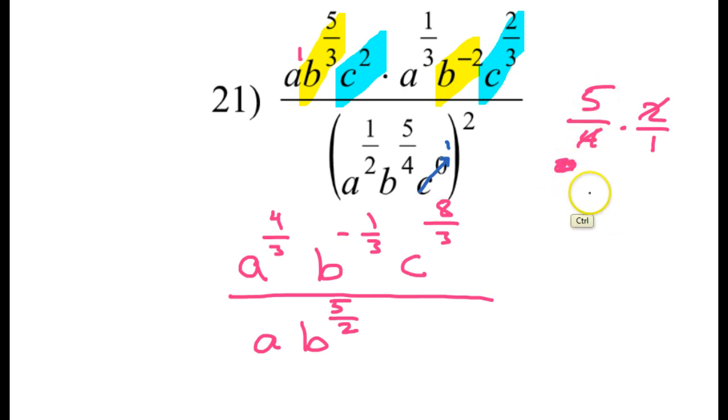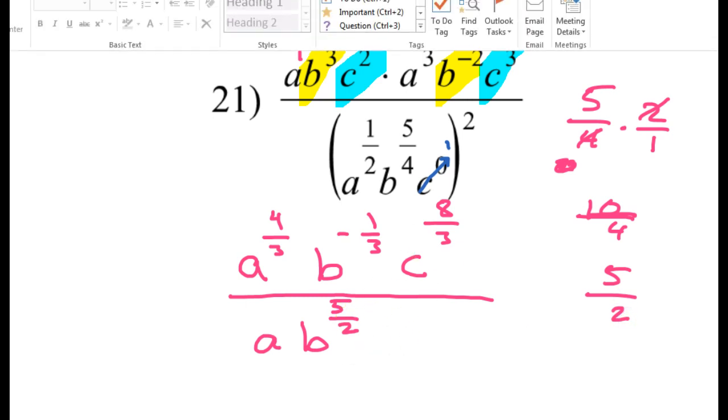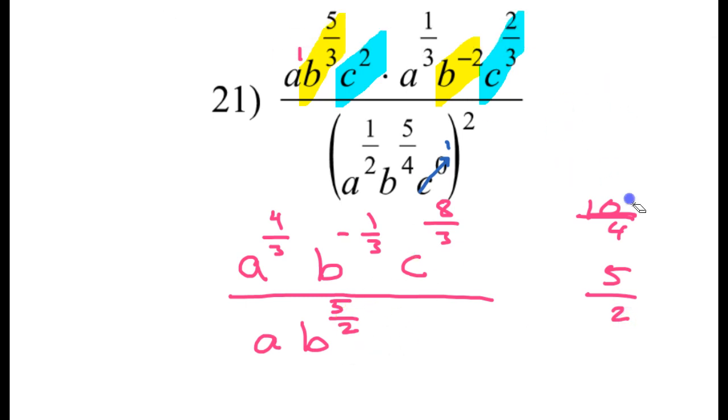If you don't like that, then you might think of it as 5 times 2 is 10. So that's 10 over 4, which reduces down to 5 over 2. Whichever way you want to go. It's fine with me. Okay, so that's what we have so far.